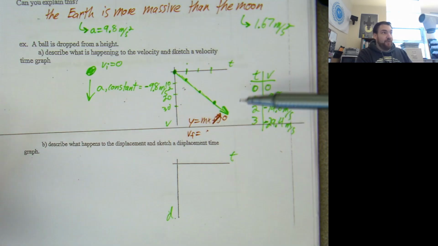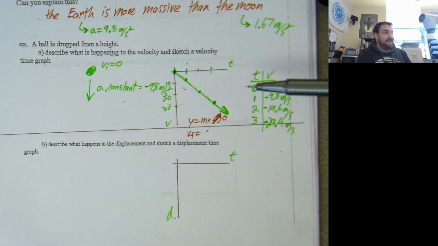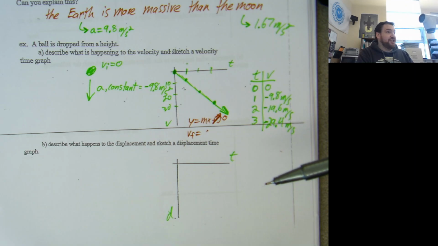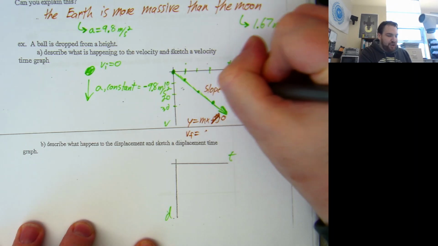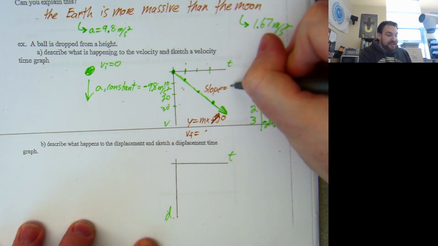V over t is equal to what concept? Sorry? V over t. Change in velocity over change in time is defined to be what? Louder, someone said it. The acceleration. The slope on a VT graph is equal to the acceleration.